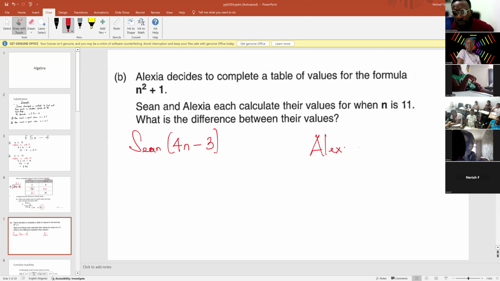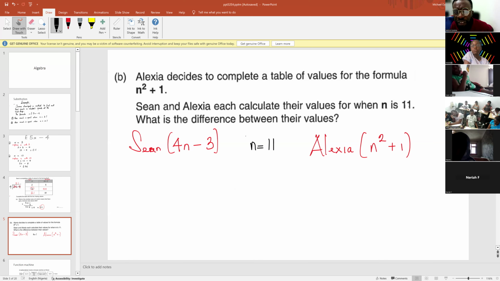Alexia's formula is n squared plus 1. Now, guys, I need you to check what will happen if the value of n is 11 for both. So you calculate for Alexia, you calculate for Sean, and then you work out the difference.